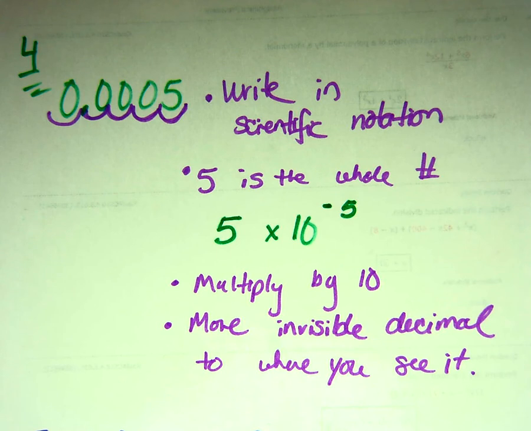So now we have 5 times 10. Let's see where that negative 5 comes from. So you're going to move your invisible decimal to where you see it now. So in the problem, it's going to be behind that first 0, which is right here. But we want it behind that whole number. So once we move our decimal, we got 1, 2, 3, 4, 5, because it has to be in front of it. But notice how we have negative 5.